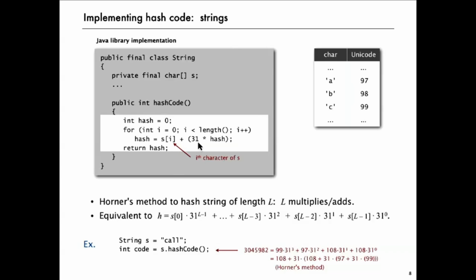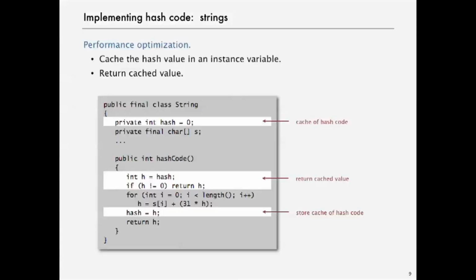So it treats it as a base 31 number, and to compute that whole number, you multiply 31 times what you have so far and add the next digit. And that's called Horner's rule, and if you're familiar with it, fine. If you're not, you can look at this little example and decide what it is. And again, it involves all the characters of the string in computing the hash function.